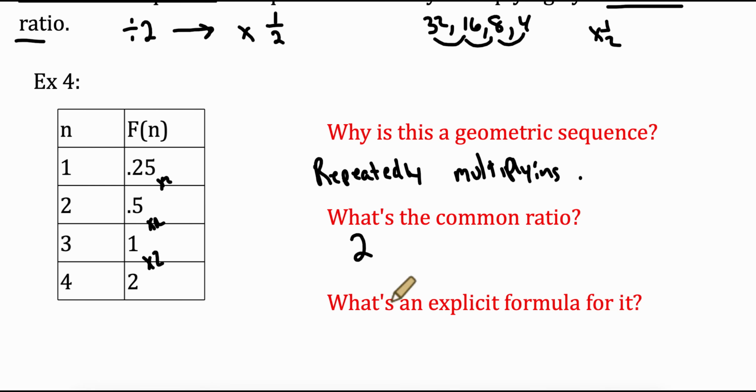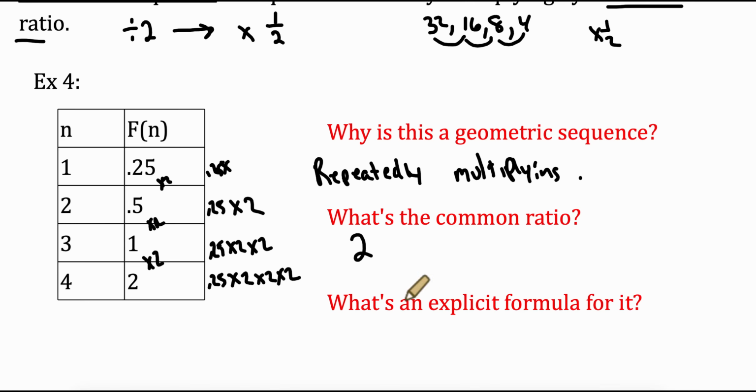All right, let's see. What's an explicit formula? So here, this was my initial value, 0.25 times 2 three times. 1, 2, 3. This was my initial value times 2 twice. This was my initial value times 2 once, and this was just my initial value, right?